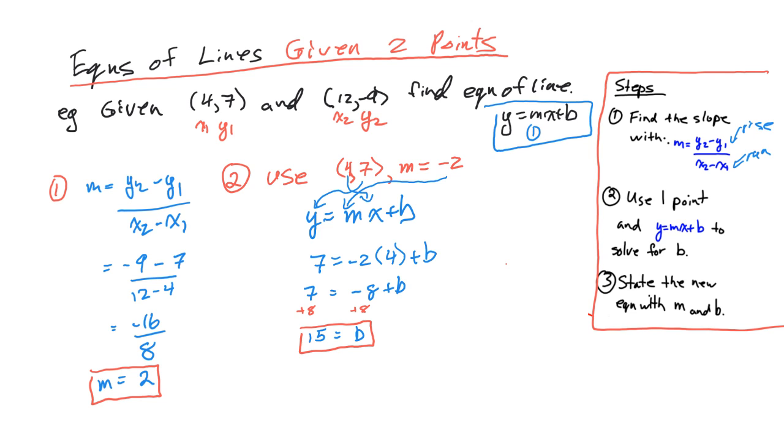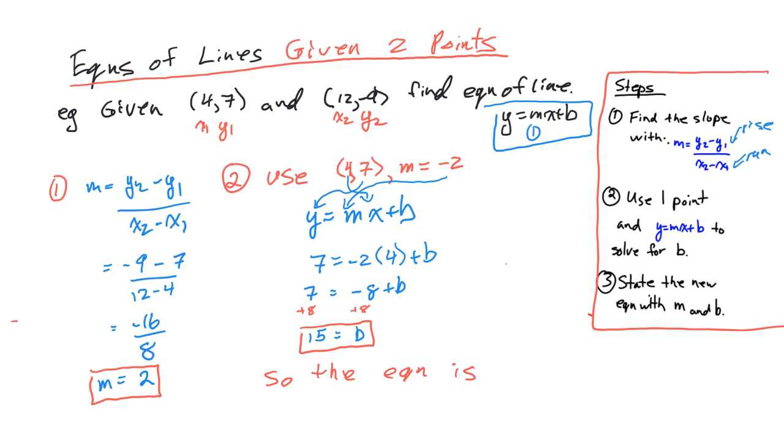We found m is negative 2, 15 is b. So the last part of our problem is to state what our new equation is. We state our new equation by saying, the equation is, and you state it with y is equal to mx plus b.